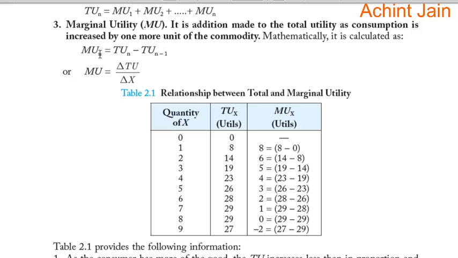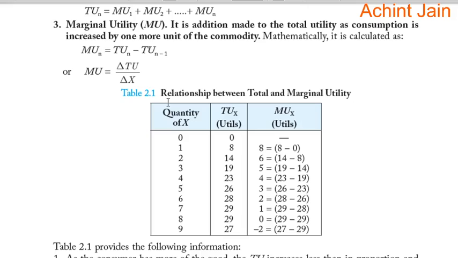Here MU is marginal utility, TUn is total utility from n units, TUn-1 is total utility from n minus 1 units, ΔX is the change in quantity, and ΔTU is the change in total utility. For example, on the screen, I think there are many artificial examples, but I will give one good example by which you will easily get the MU.